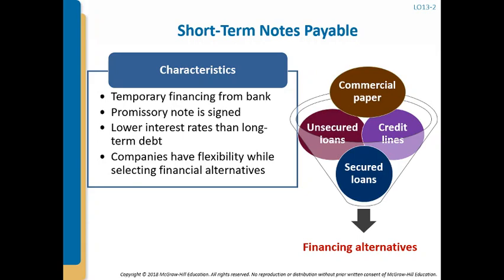That's essentially selling short-term promissory notes to companies, usually other companies who want to invest in it. Unsecured loans, if possible. Usually that's going to come from inside the company from some investor. Credit lines are a big one. And of course, could have secured loans.